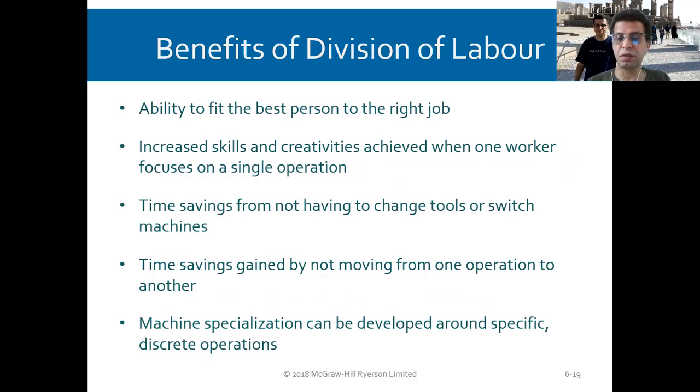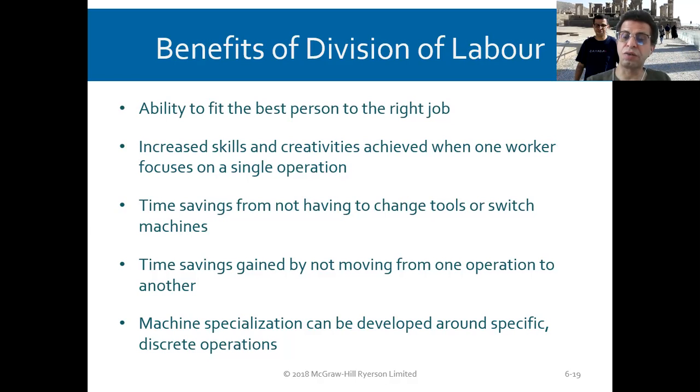Now, the benefit of division of labor, why we divide people at work, is the ability to fit the best person to the right job. So you need a very strong man to carry things around, but you need a very knowledgeable person to put these things in the house. That's one example.